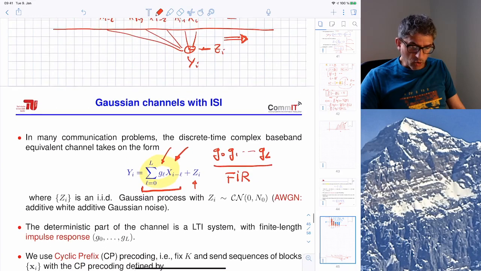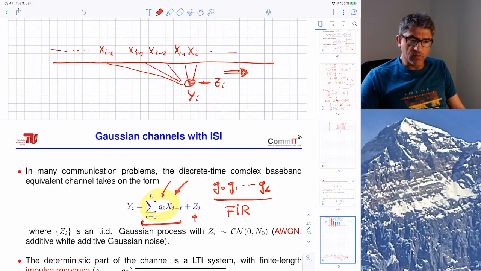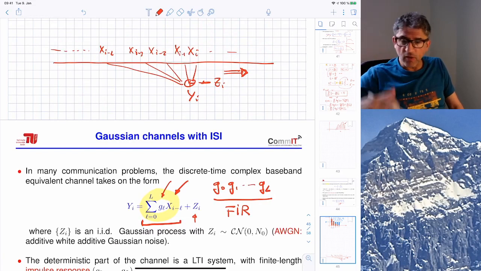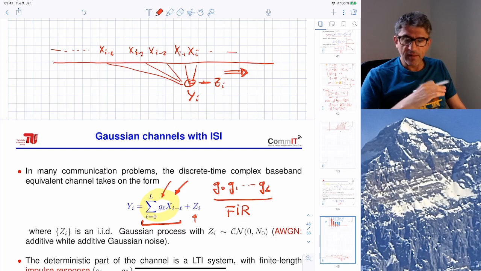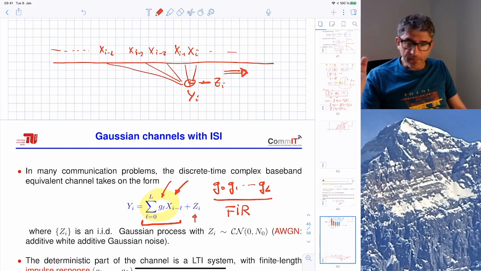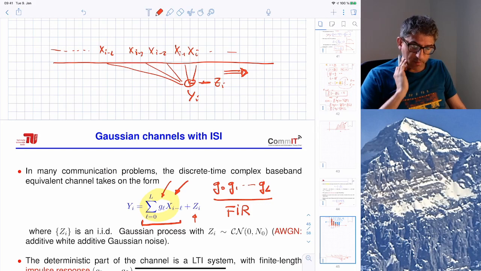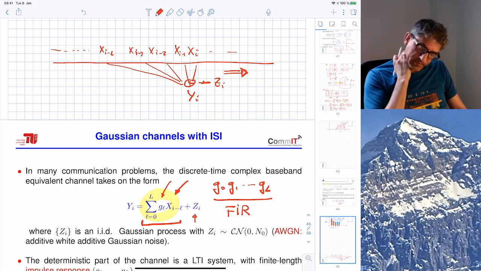Because all communication channels are stable. They are not systems that go into oscillation. If they go into oscillation, then something is wrong with your design. Communication channels dissipate energy, so they are stable. So whatever impulse response you have, it will vanish when you wait long enough, and therefore you can truncate, and then you can, without loss of generality, think about a finite impulse response filter. Okay?